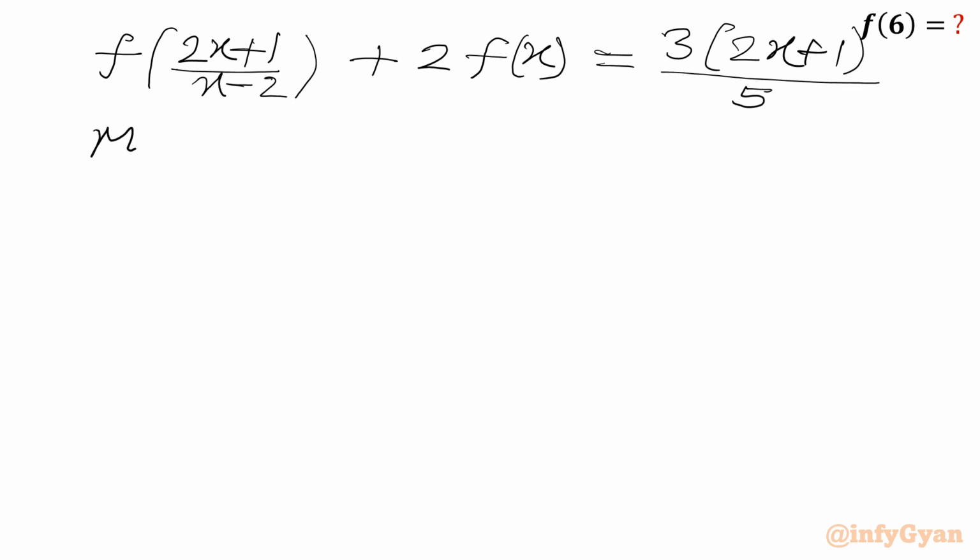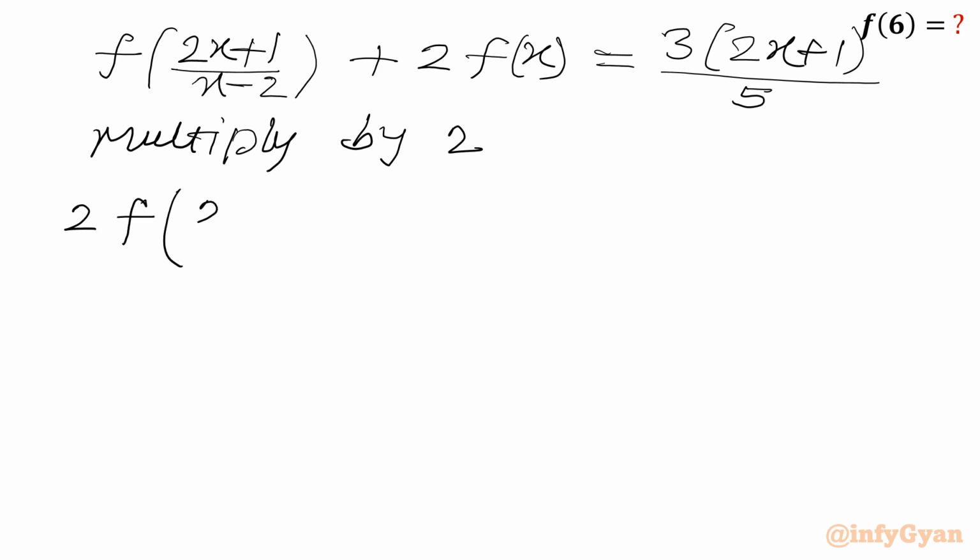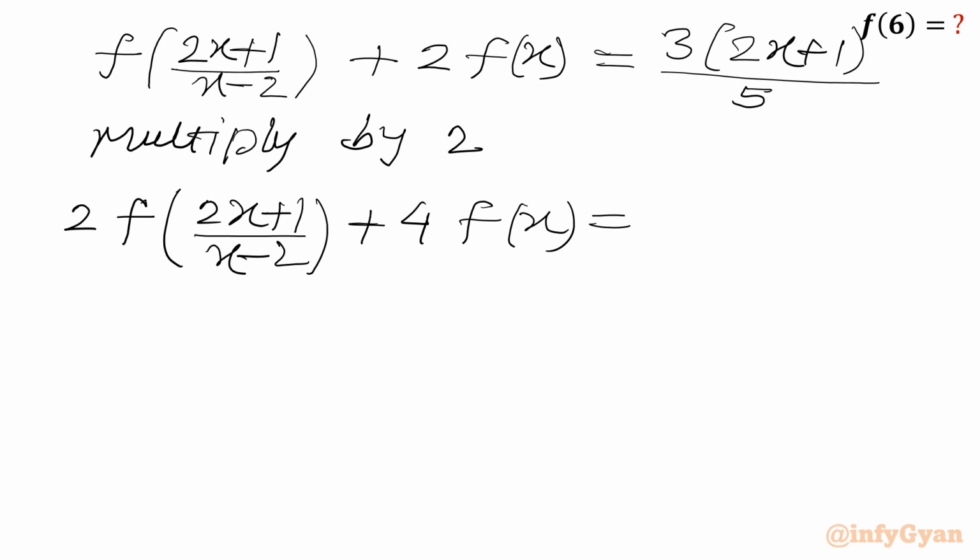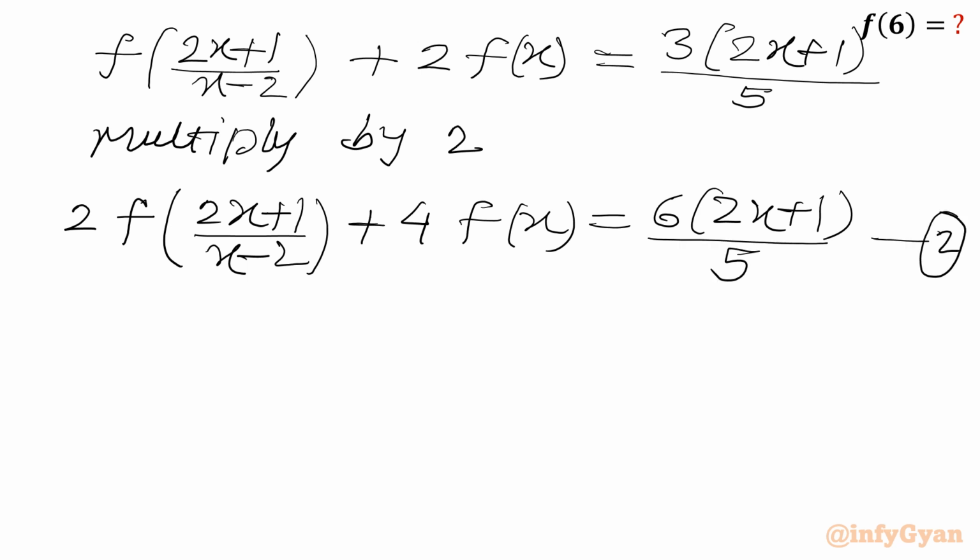Let's multiply both sides by 2. So I will write 2 times f of (2x plus 1) over (x minus 2) plus 4 times f of x equal to 6 times (2x plus 1) over 5. And this equation I will call equation number 2.